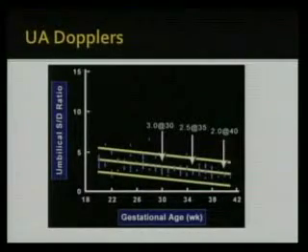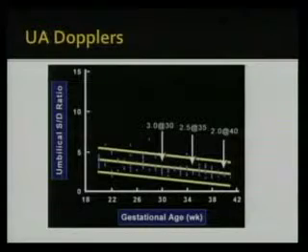So we know that resistance is measured most commonly by the increased ratio of the systolic to diastolic velocity. And if resistance falls with increasing gestational age, at 30 weeks the average SD ratio should be around 3. At 35 weeks, 2.5, and by 40 weeks, 2 in a normal fetus.